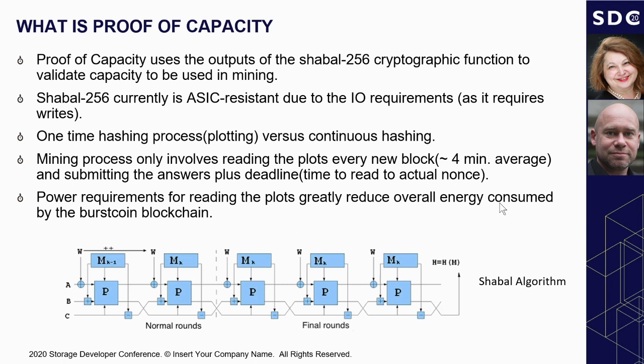And that formatting happens in the form of back-to-back memory writes, where you are assigning hash and data block size. Each one is equal. Once you have finished that, the next step is so-called mining, where you are reading a plot by doing memory reads and submitting answers plus a deadline time to read for the actual nonce.